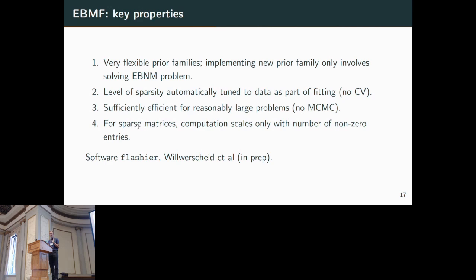And I'll just mention that if your matrix is sparse, which it often is in single cell genomics applications, then the computation scales only with the number of non-zero entries in the matrix. So that's nice. And my former student, Jason Willwerscheid, has implemented some of these ideas, especially the sparsity and the more efficient computations, in a software package, flashier, which is on GitHub. Although the paper is in preparation, the software has been around for a while and it's ready to use if you want to use it.